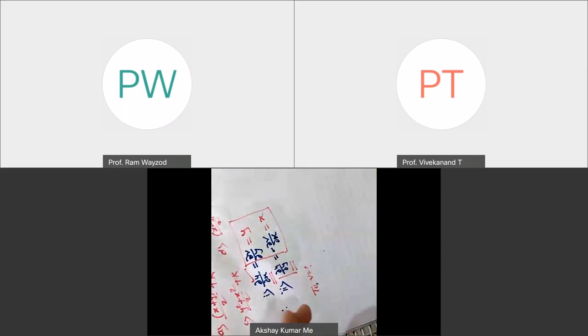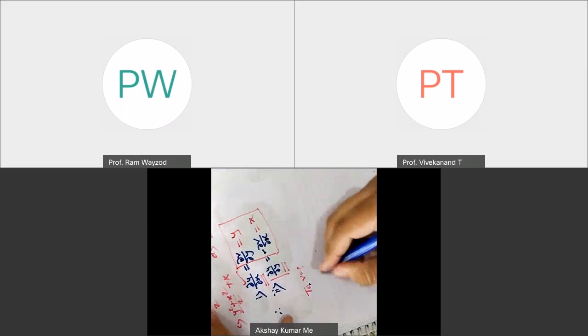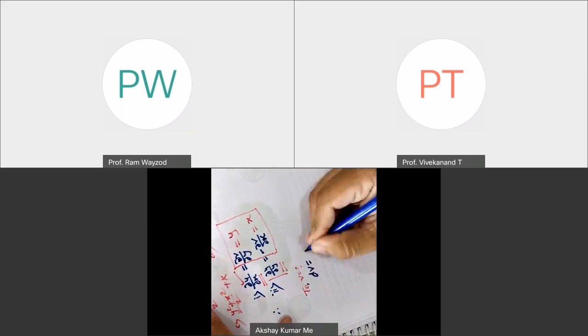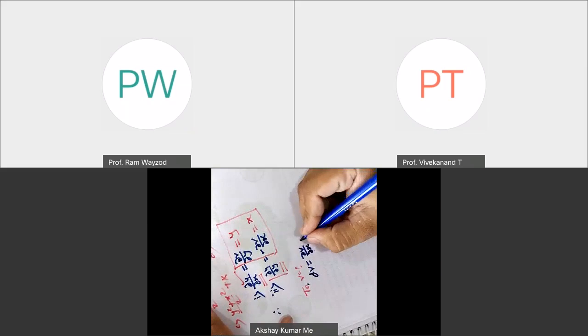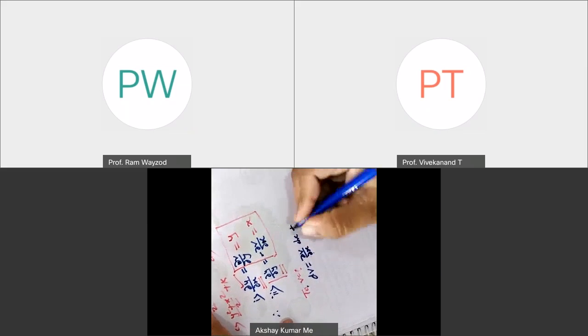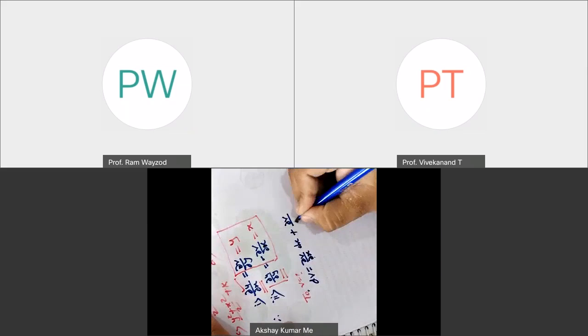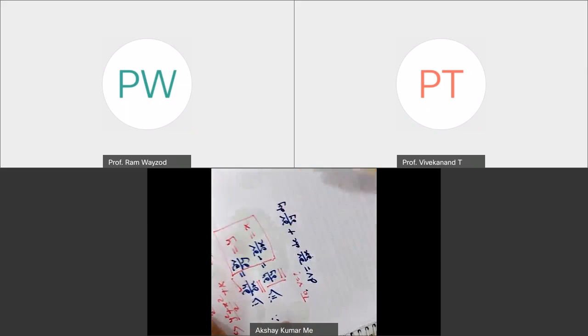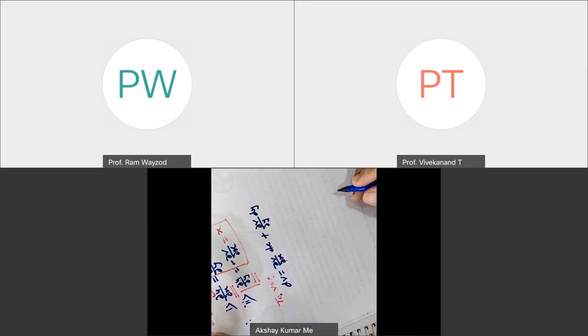So calculate v. By chain rule, we have dv is equal to del v by del x dx plus del v by del y dy. Now substitute the corresponding values.